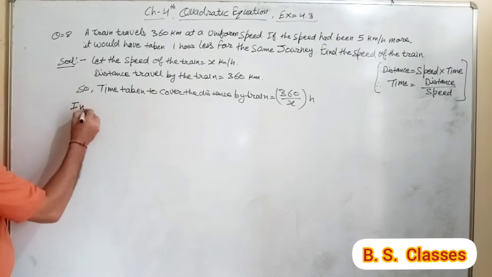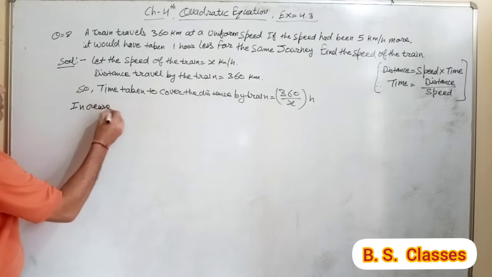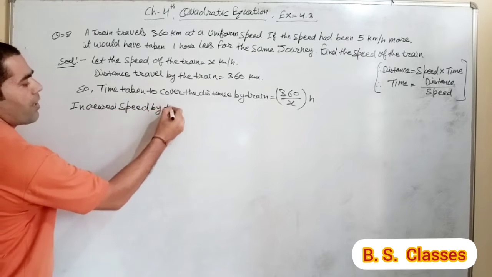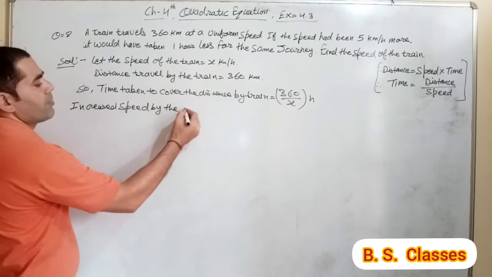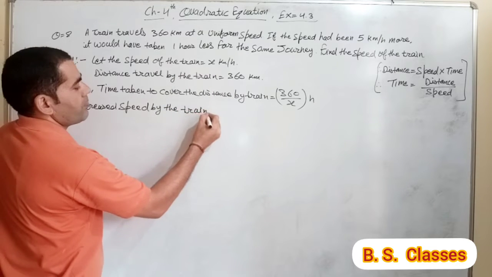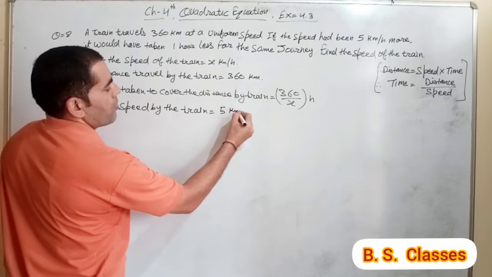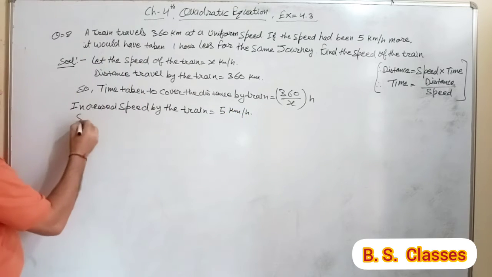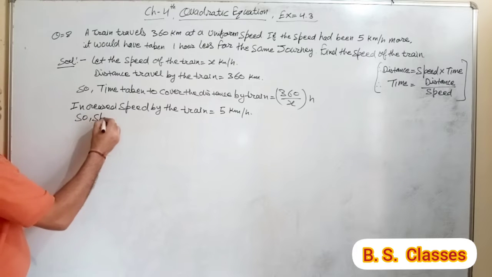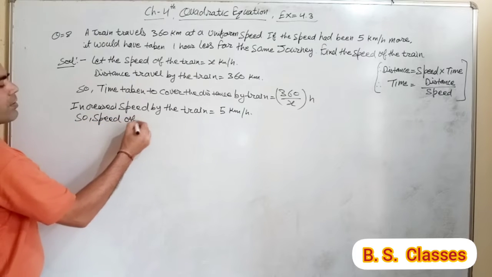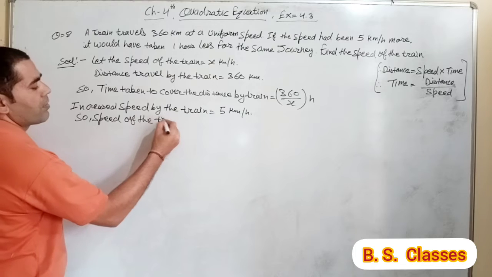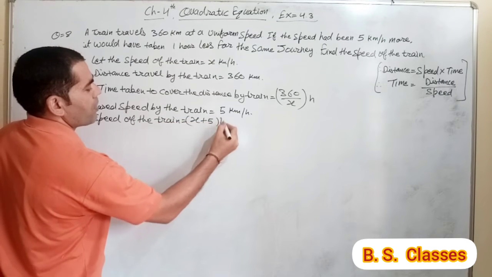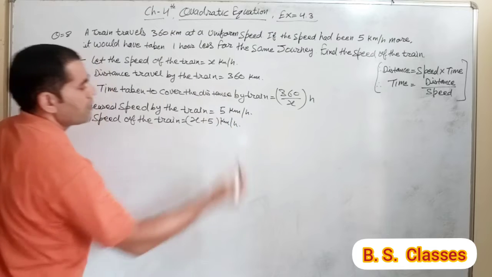Increasing the speed of the train by 5 km per hour, the speed of the train is x plus 5 km per hour.